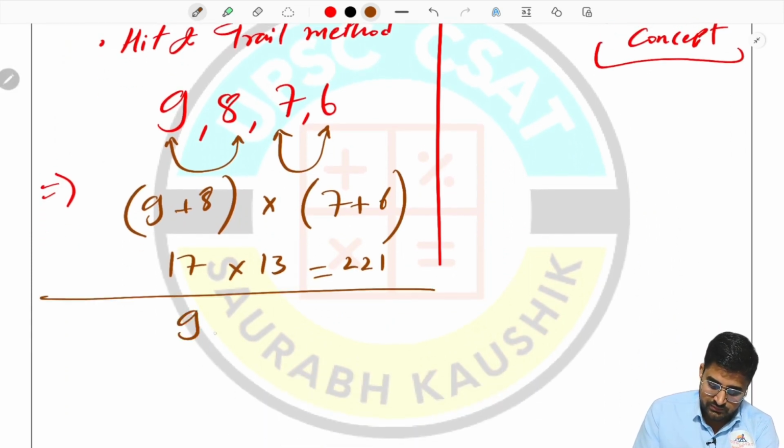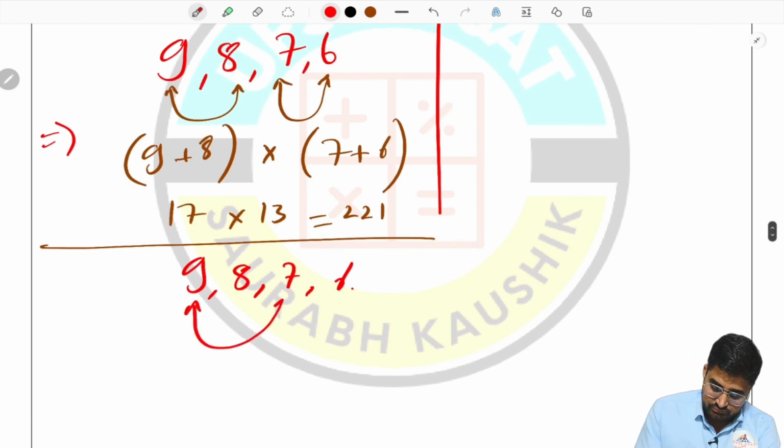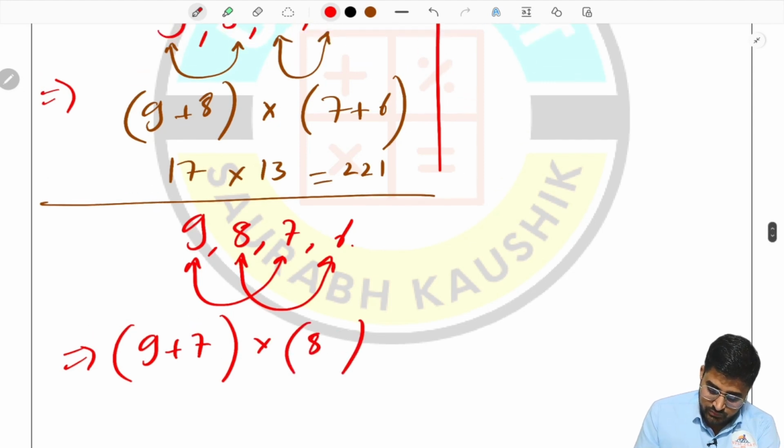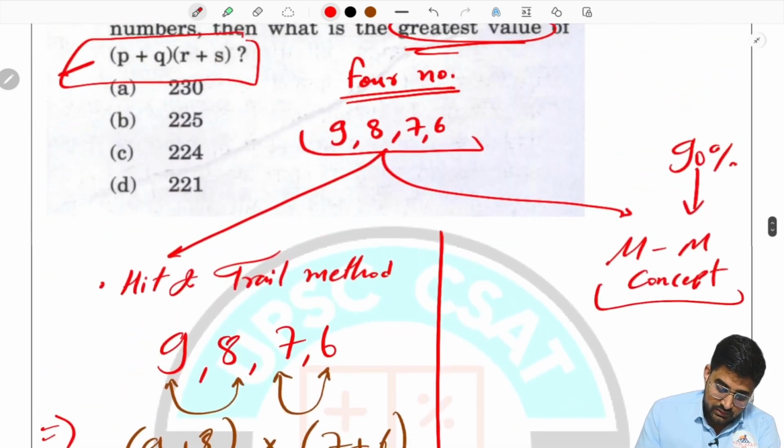Let's move to the next one. 9, 8, 7, 6. Now let us try this combination. So what we have is 9 plus 7 multiplied by 8 plus 6.